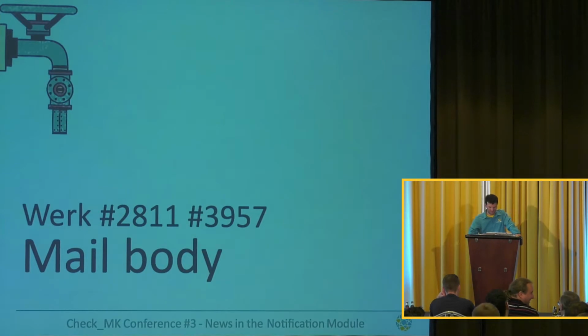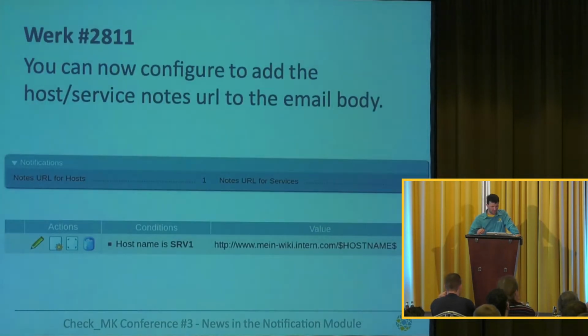Then talking about the mail body, 2 things changed here, or basically they were added. 2 nice things. You can also add notes, like a link to the internal wiki or something, or perhaps additional information.